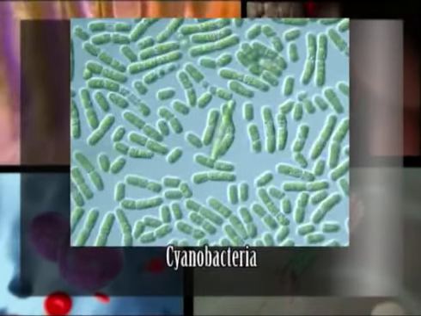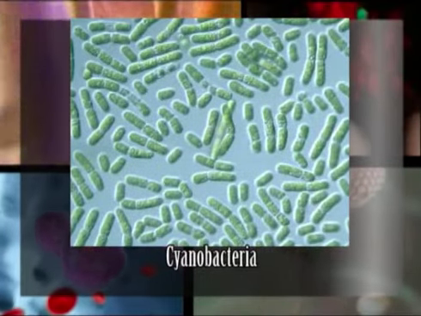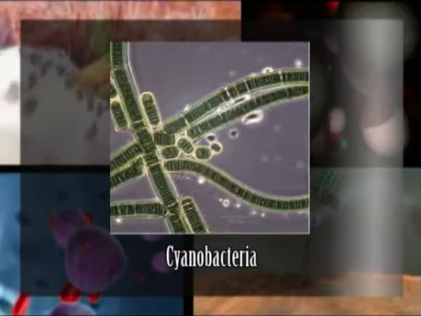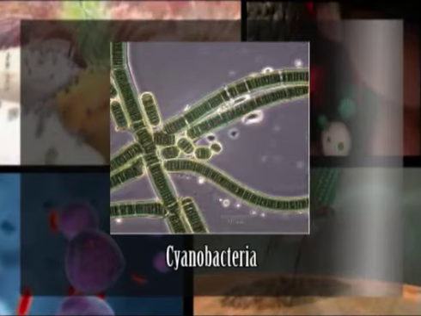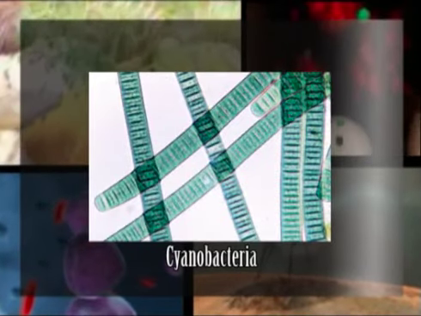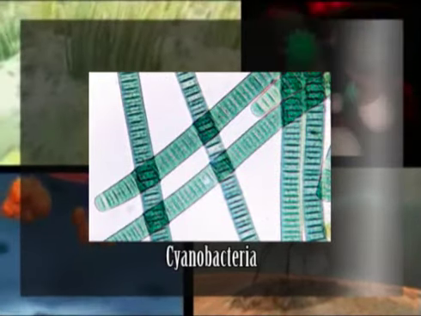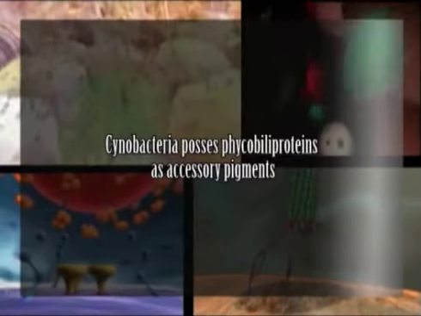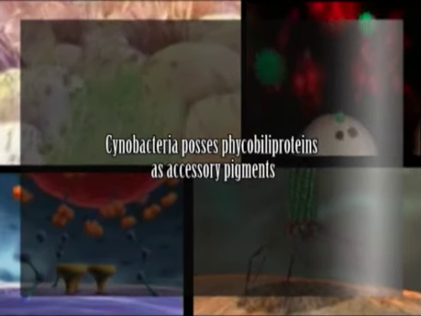They constitute the most diverse group of prokaryotes. Their photosynthetic system closely resembles that of eukaryotes by the presence of chlorophyll a and photosystem II, and therefore they are able to carry out oxygenic photosynthesis.